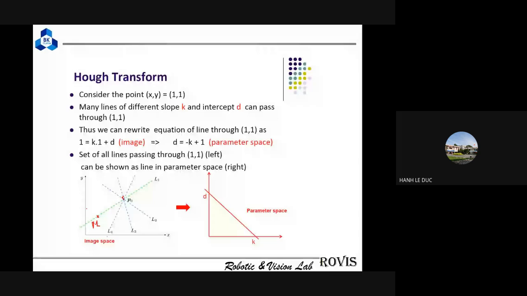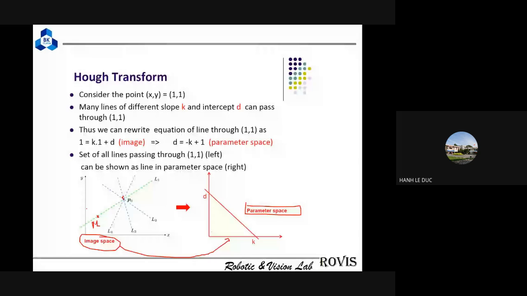From this space, this coordinate, to another coordinate, we call this the parameter space. So how can we change it? Let's see. For example, we have P0 here. If we replace y1 and x1 here, we will have this equation.